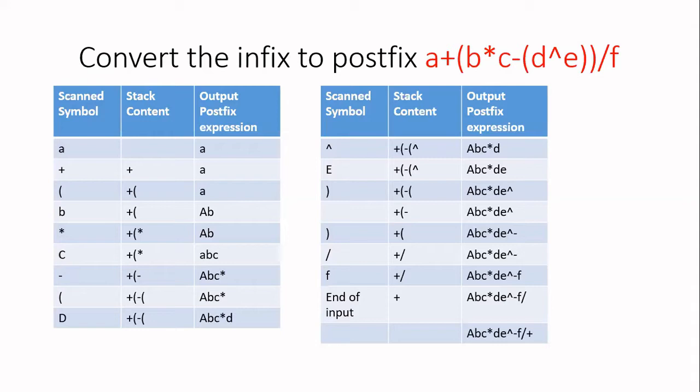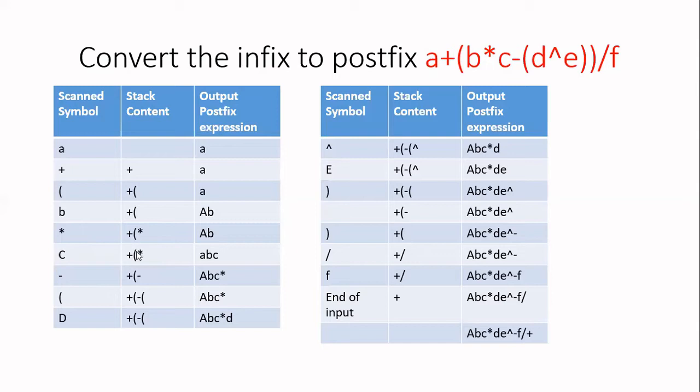Otherwise, don't push. So now the priority of minus is not greater than the priority of multiply. So what I have to do is, if you encounter this, you have to pop the characters from the stack one by one until you get a character which is less than the priority of minus. Now I have multiply on the top of the stack.